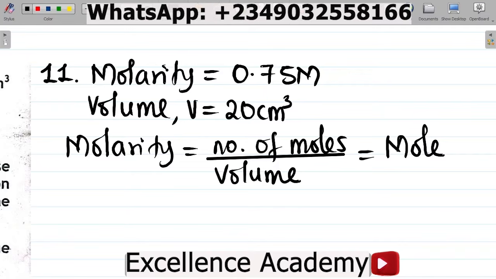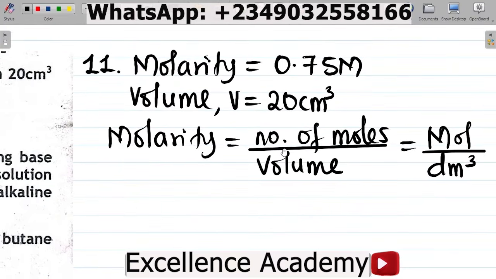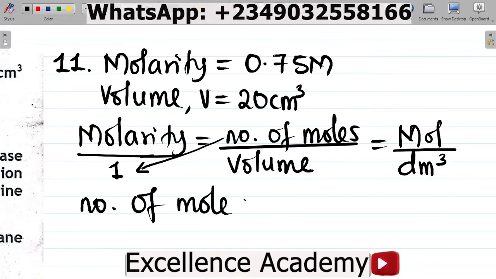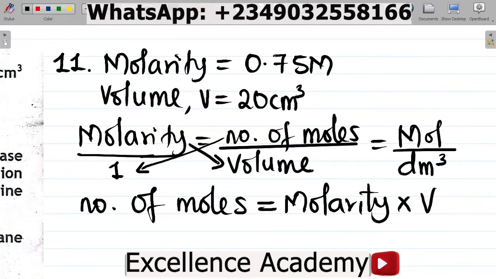Number of moles is in mol, all over the volume, which is measured in decimeter cube, not centimeter cube. If I want to get the number of moles, this could be all over 1, so multiplying by 1, the number of moles is equal to the product of molarity and volume. It becomes molarity times volume.